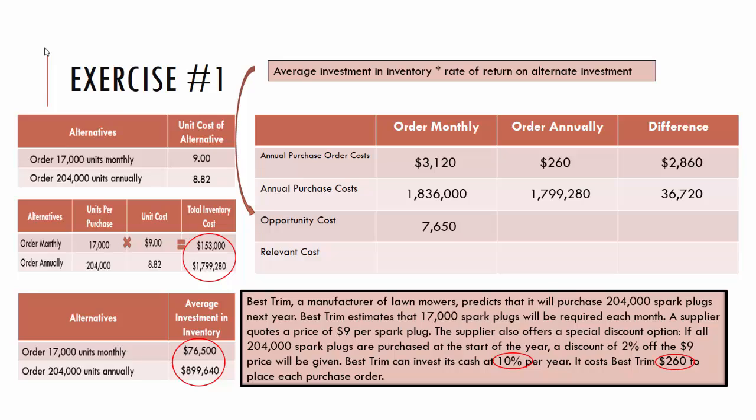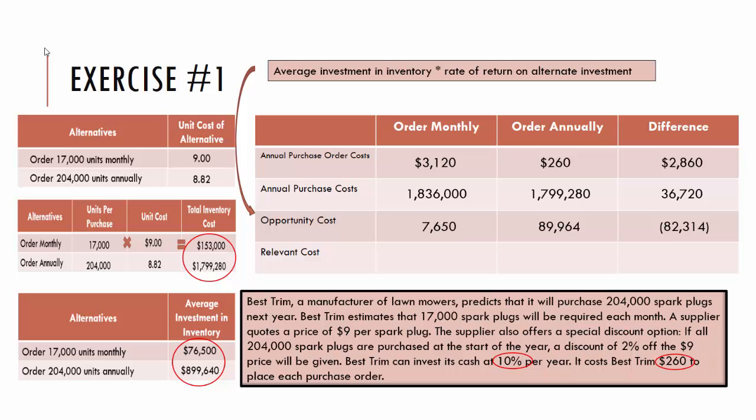However, if we order annually, we're going to give up $89,964 in possible returns by investing this money instead of buying spark plugs with it, which means that our opportunity cost, if we order monthly, we're foregoing $82,314 less possible investment return.